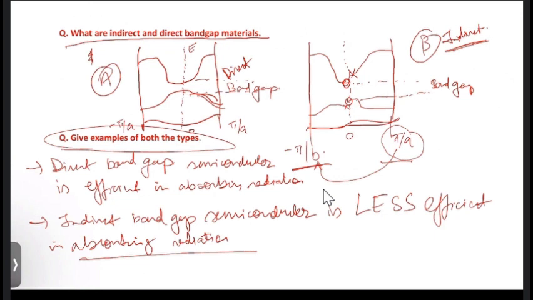What is the example of direct and indirect band gap? We have read about indirect band gap. The example, silicon, is direct or indirect band gap?